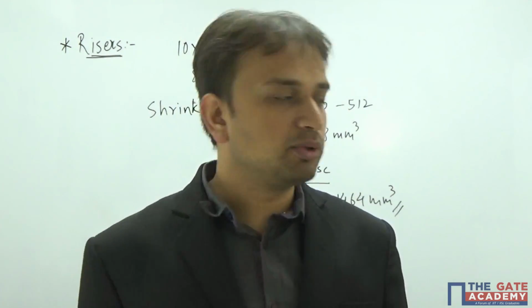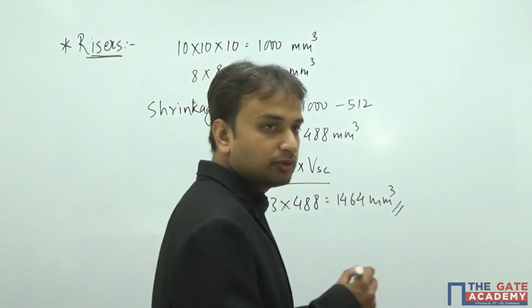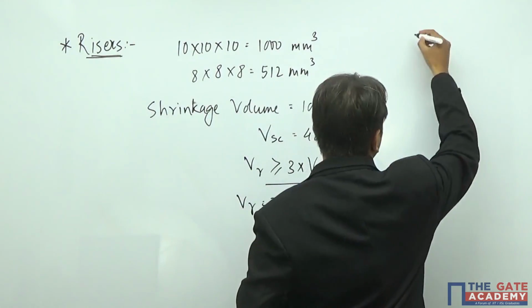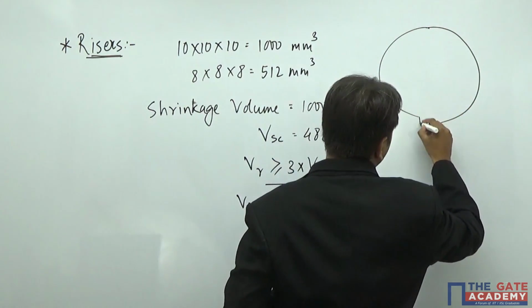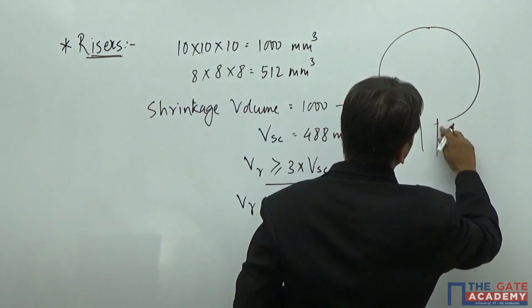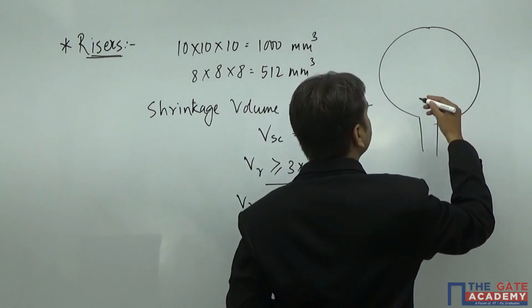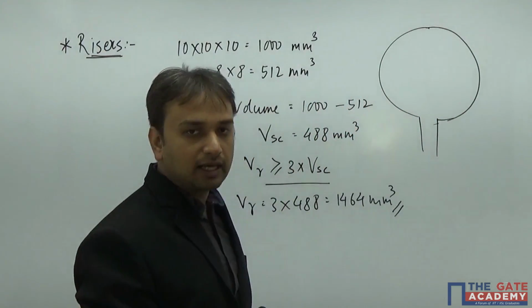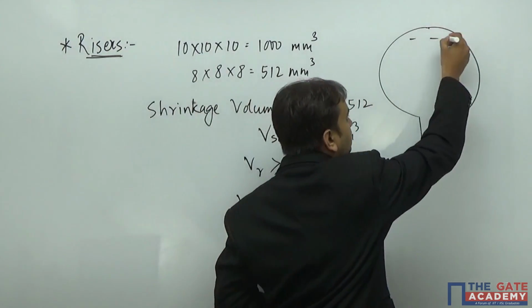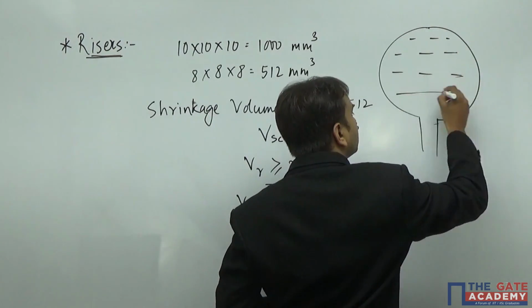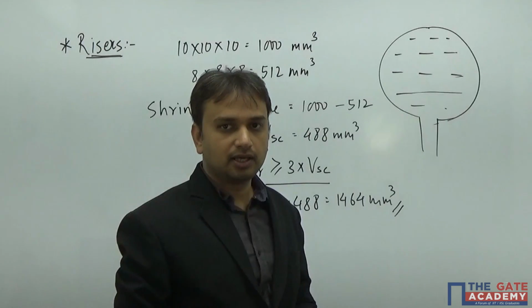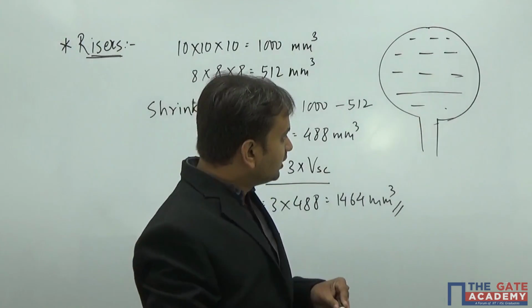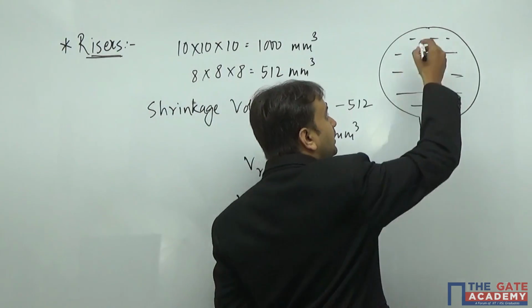And the very first moment when it is going to solidify, let me show you with the figure here. Suppose this is the spherical riser. Now what will happen, suppose it is filled up with molten metal. And when it is going to solidify, it will solidify from the periphery.